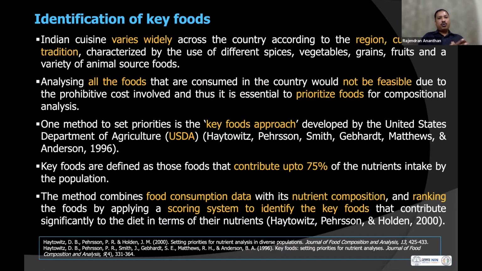The first and foremost stage for the development of a national level food composition table is identification of key foods, because our Indian cuisine varies widely across the country according to region, culture, and tradition, and is characterized by the use of different spices, vegetables, grains, fruits, and animal sourced foods.